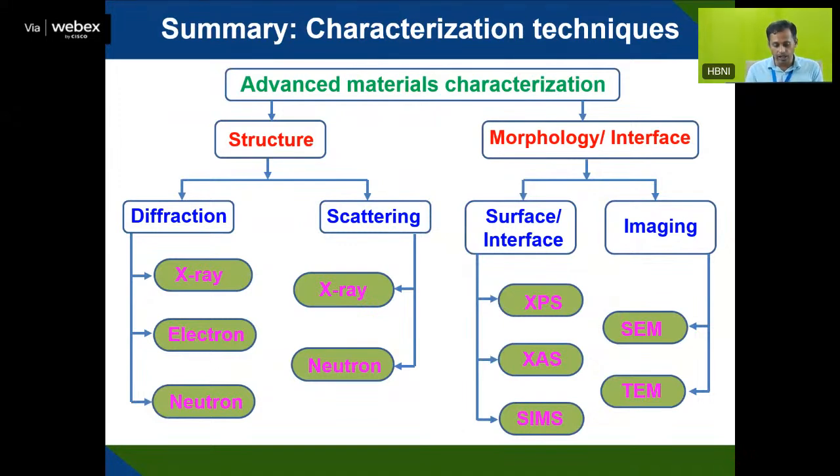In addition, there are many other techniques using ions, electrons or neutrons, as well as mapping. It is not possible to cover all techniques, so I have covered the most important techniques used for characterization.